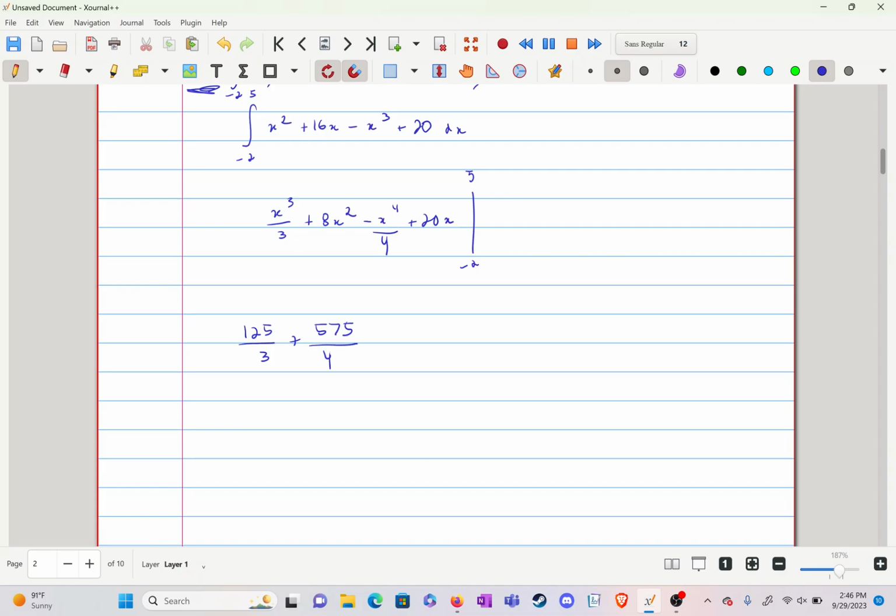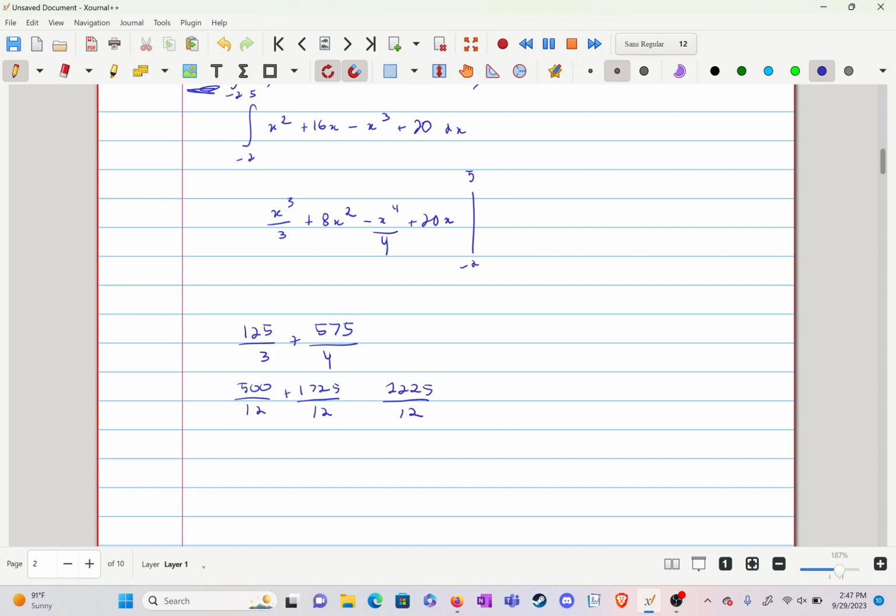So 125 times 4 is 500 over 12. And then 575 times 3 is, whoa, that wasn't right. 575 times 3 is 1,725. We add that together, plus 500. That's 2225 over 12, which is definitely not divisible. But maybe it's divisible by another number? Divisible by 3, perhaps? It's not, so we're not even going to try.